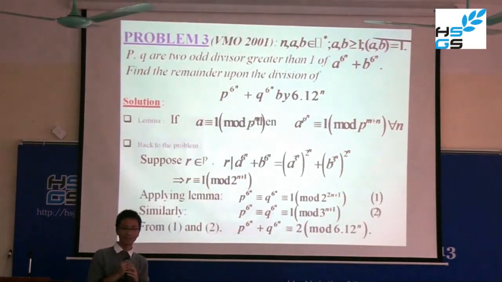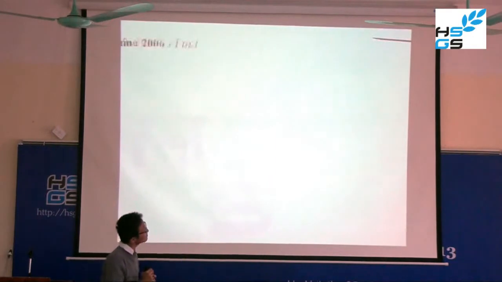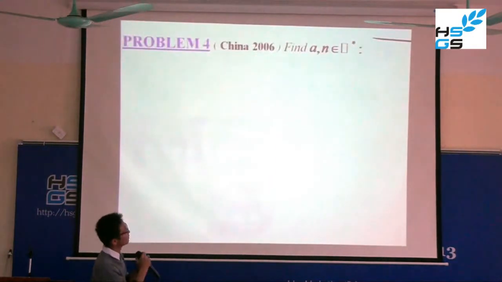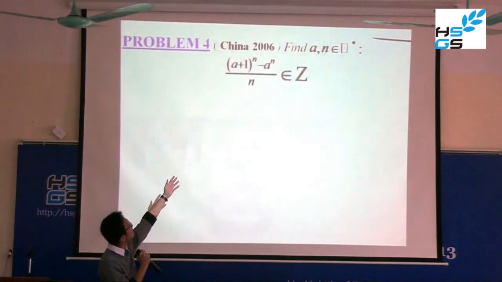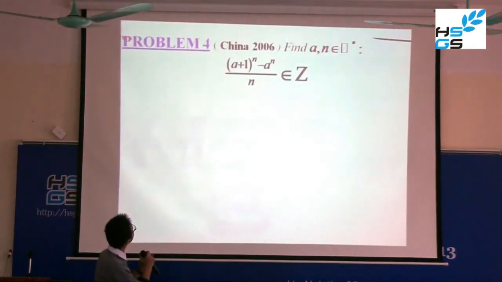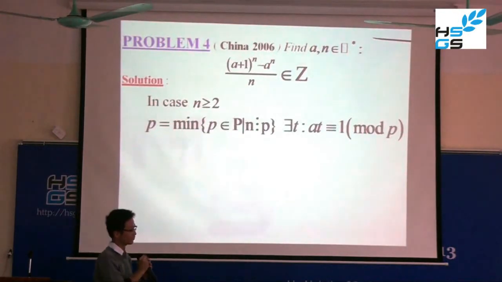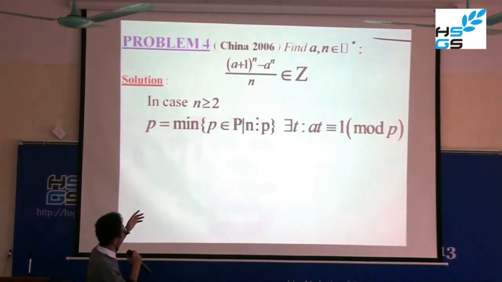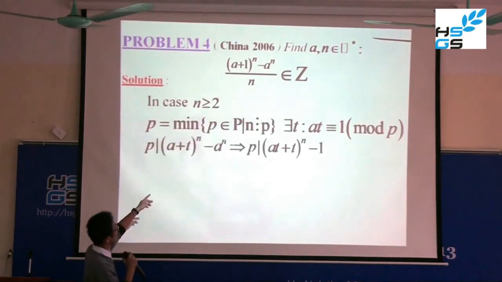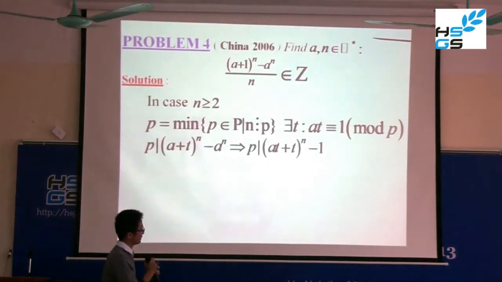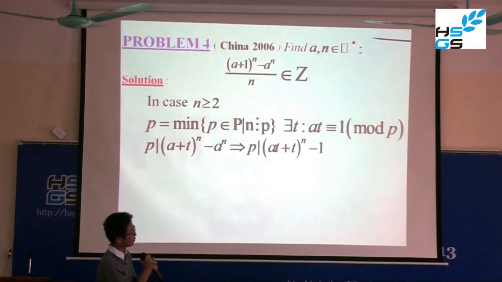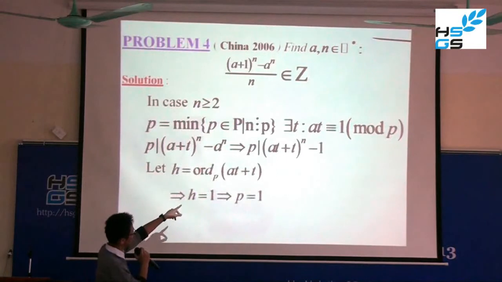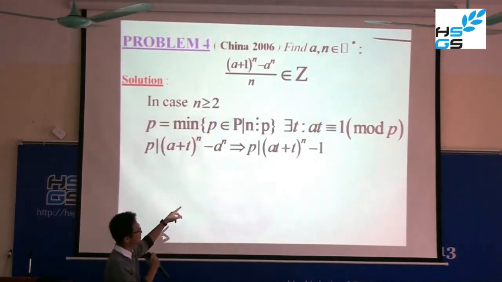And finally, I'd like to look at problem 4. For a positive integer A and such that our solution. In case n is greater or equal to, suppose P is a small prime factor of n, and there exists T such that A to the T is congruent to 1 mod P, and it follows that P is divided by A to the T plus T to the exponent of f minus 1.